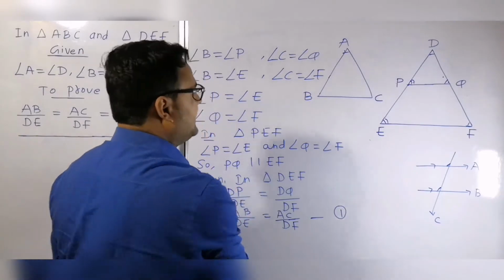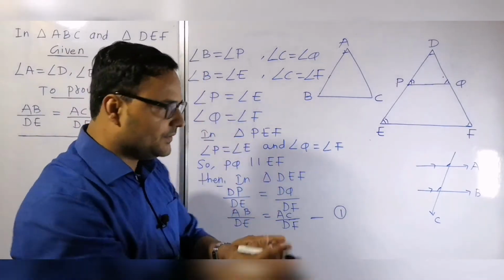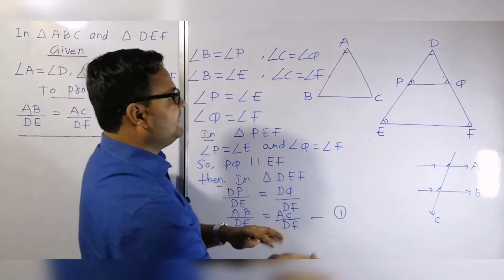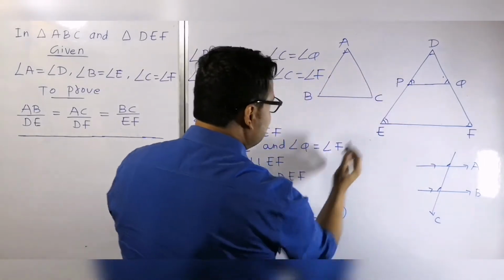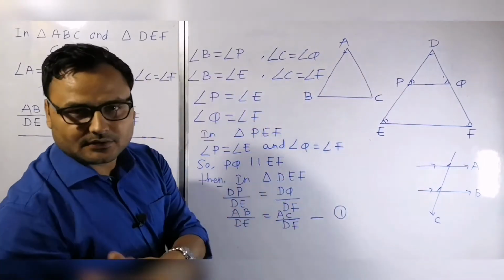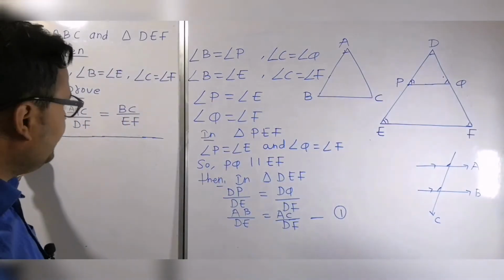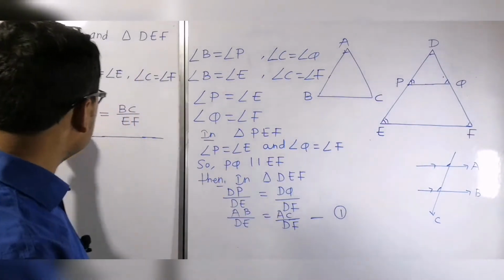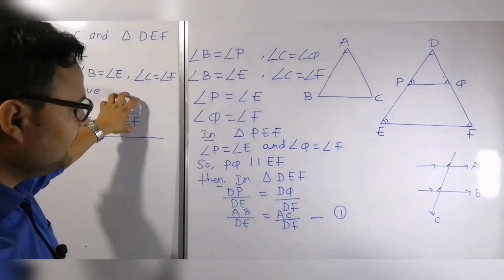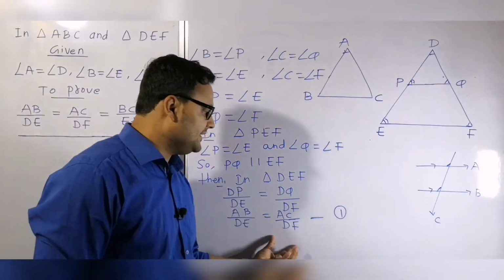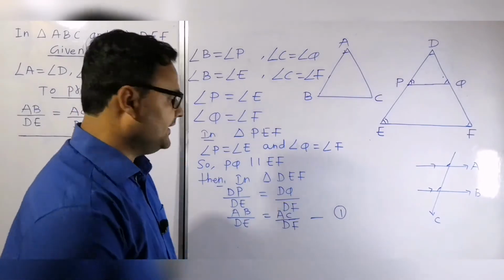Just copy that one because we got only 2. We can write simply in the same way BC by EF also, but no, we are not going to write it, we are going to prove it. So we got AB by DE equal AC by DF, but we have to prove this also. Just copy this one, we are going to continue.